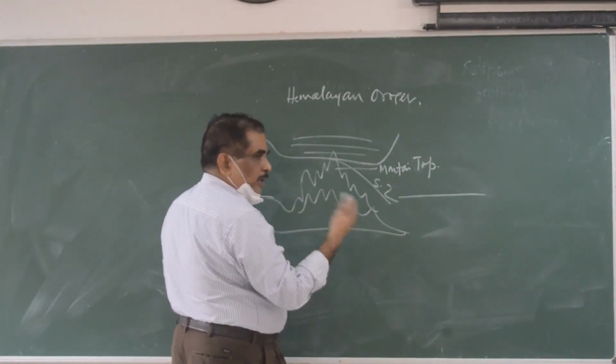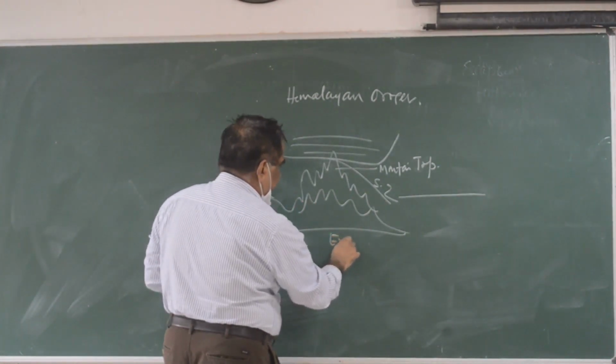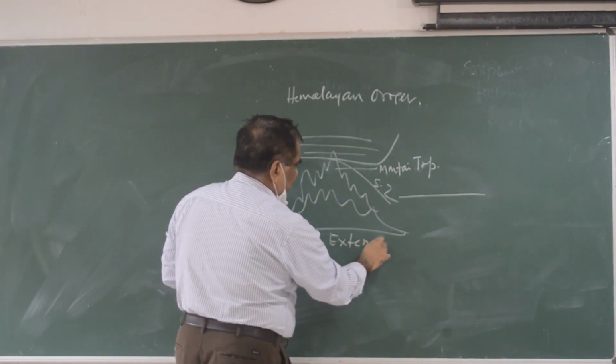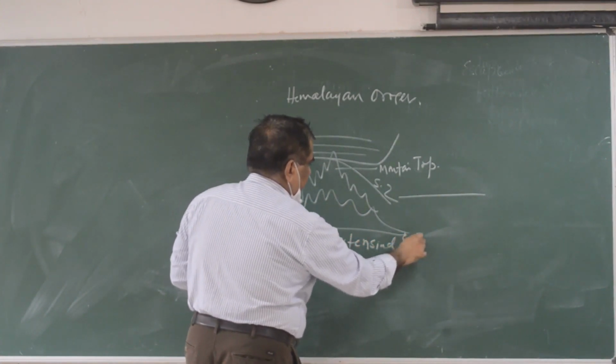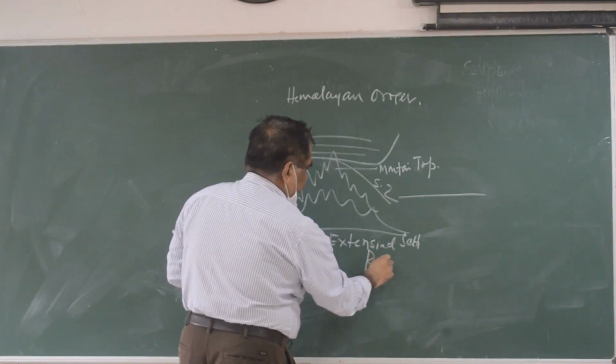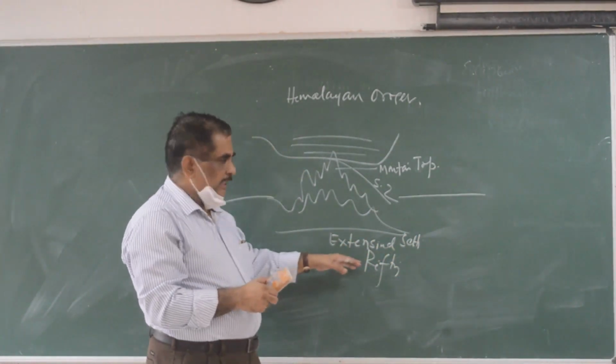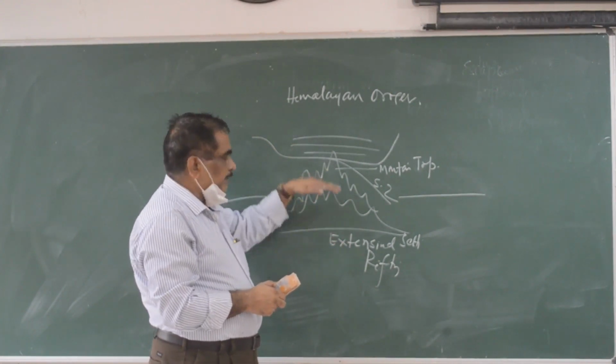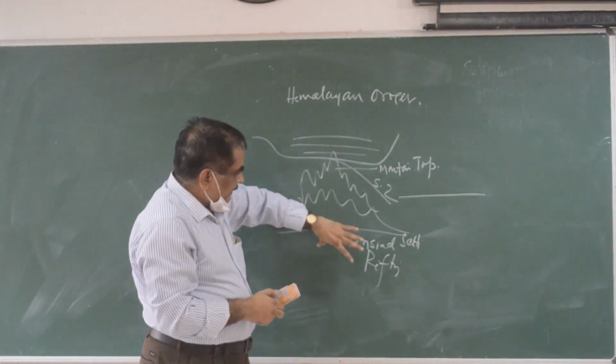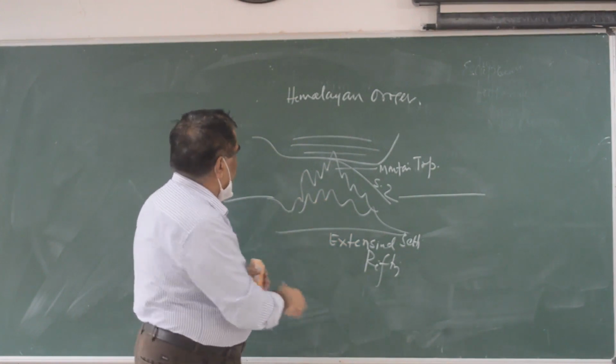How does a basin form? Already we have discussed, in an extensional setting or rifting setting. Continental crust extended, rifting happened, so a basin formed and sediments were deposited. So from an extensional setting, it is going to a compressional setting.